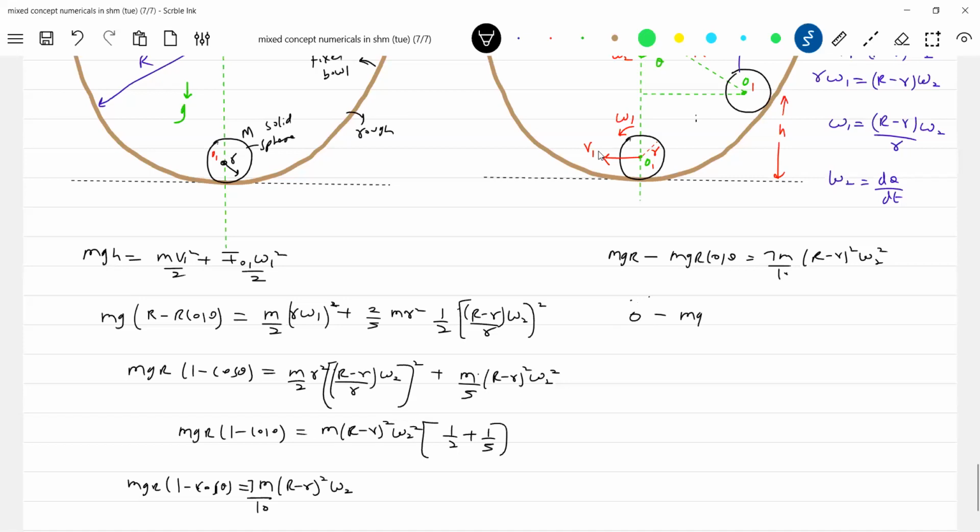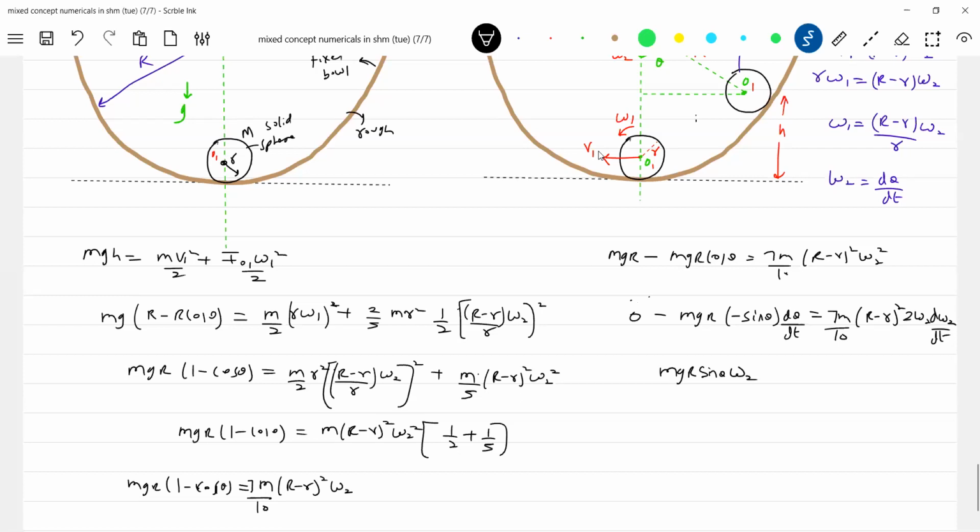Directly I'll write this one: mgR sine theta d theta equals 7m by 10 (R minus r) whole square, omega 2 d omega 2.